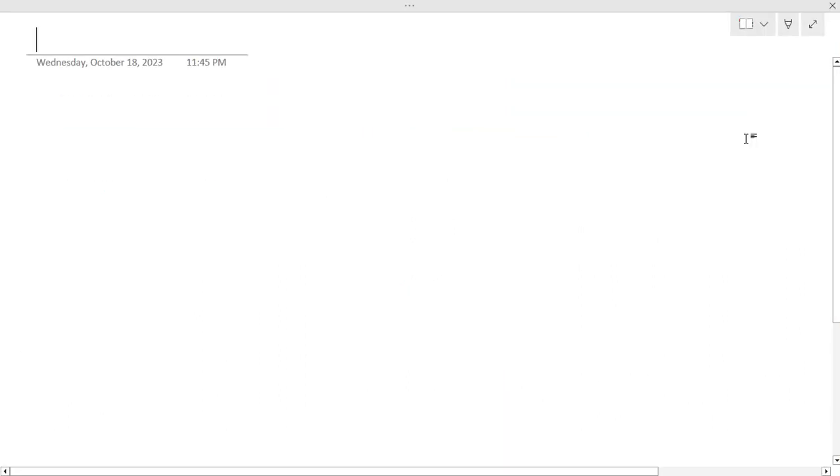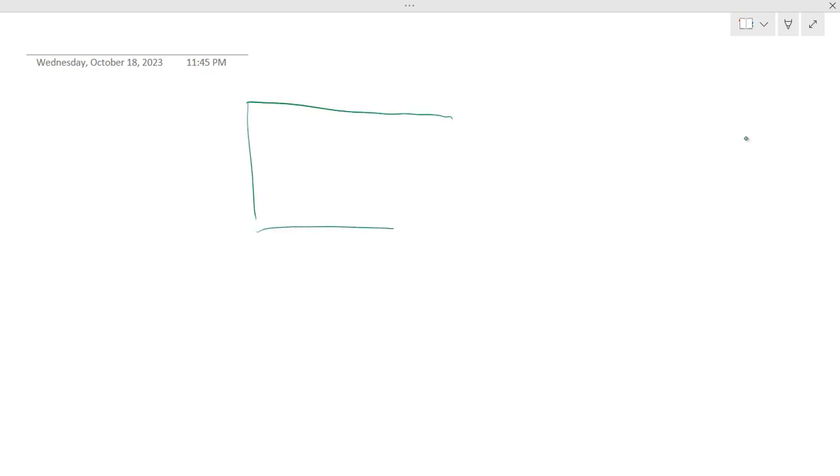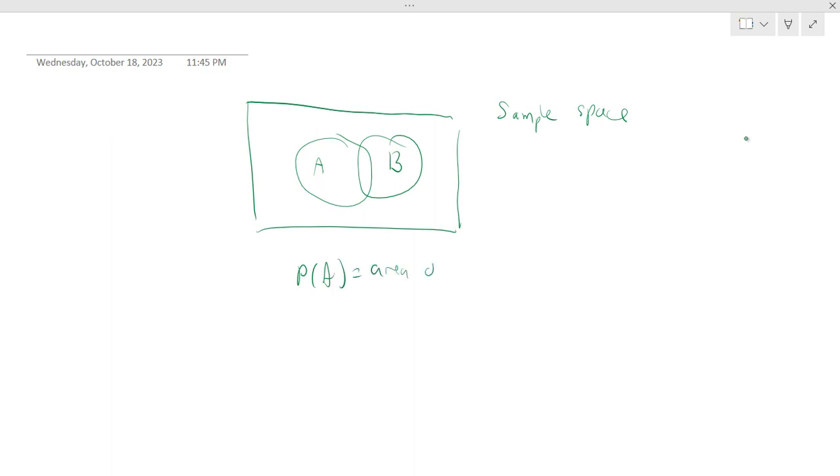If we have the union bound, for instance, with two events, I have my sample space, and then I have two events A and B. The probability of A corresponds to the area of A, and the probability of B corresponds to the area of B in this schematic. So P of A equals area of A, and P of B equals area of B.